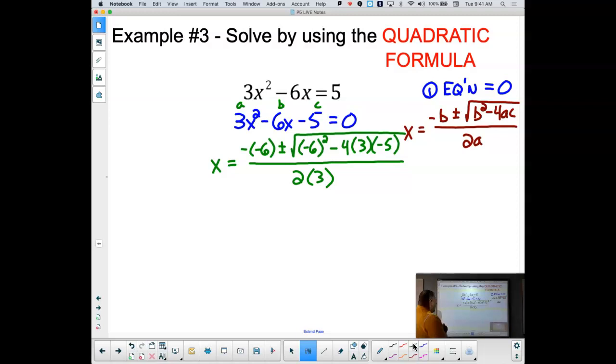Okay. Maths now is fun, so let's go here. Opposite of negative 6 is 6, plus minus negative 6 squared is 36. 4 times 3 is 12. 12 times negative 5 is negative 60. All over 6.